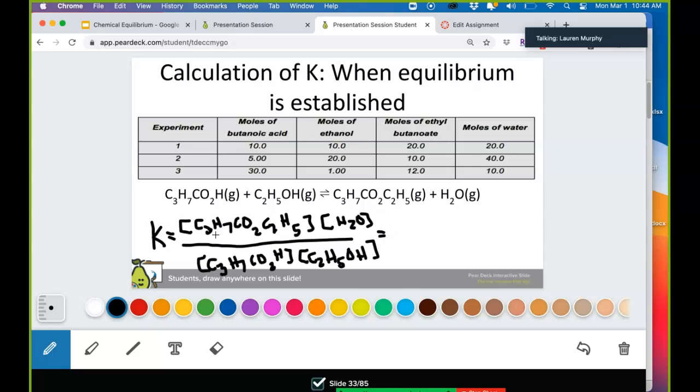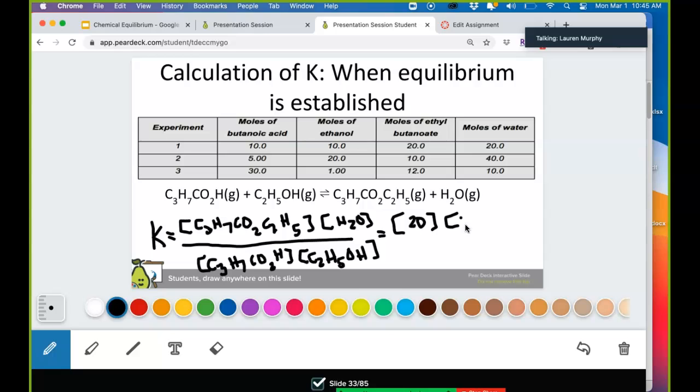Now, remember the brackets mean concentration, and concentration means molarity, like moles per liter. If you notice in this chart, they only give you moles, which really just means you assume the liters are constant. So you're just going to straight plug the moles in there, meaning the size of the container is the same for all of them. So this ethyl butanoate is 20 in experiment 1.